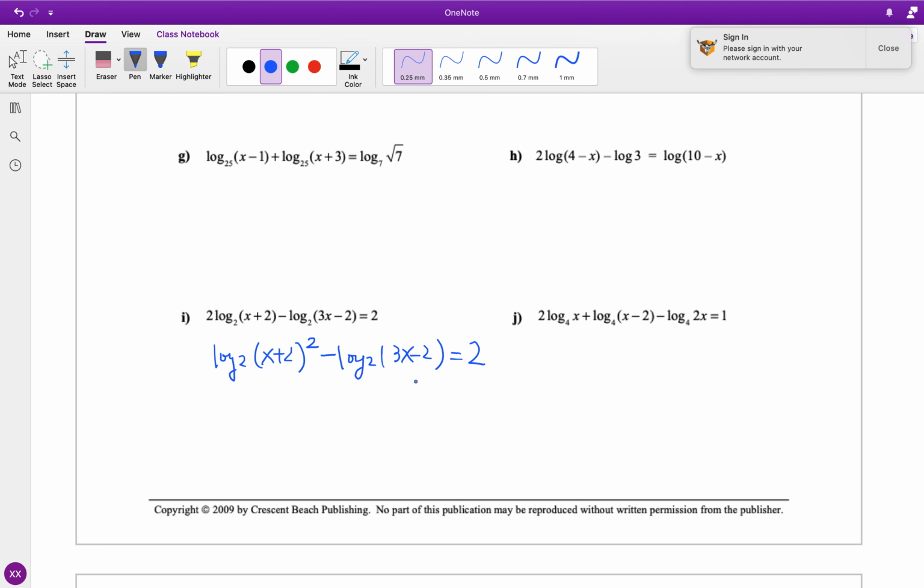Well, that equals 2, so that means I could use the rule: log base 2 of x plus 2 to the power of 2, divided by 3x, equals 2. Now the same thing: use base 2 to the power of 2 equals this whole bunch.